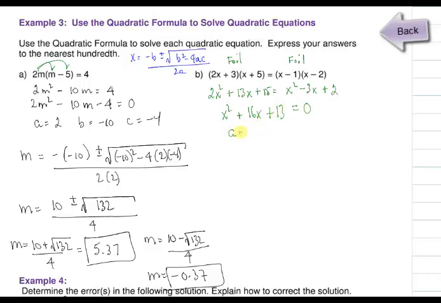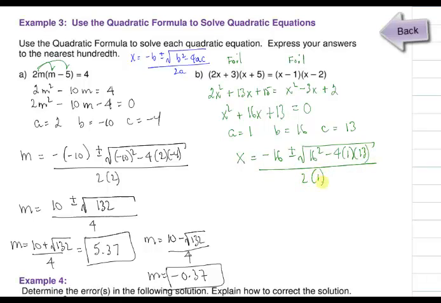And now I can see that a is 1, b is 16, and c is 13. I'm going to plug all of that into my formula. I am solving for x, so I can write x equals negative b, so negative 16 plus or minus 16 squared minus 4 times a, which is 1, times c, which is 13, all over 2 times a, which is 2 times 1.